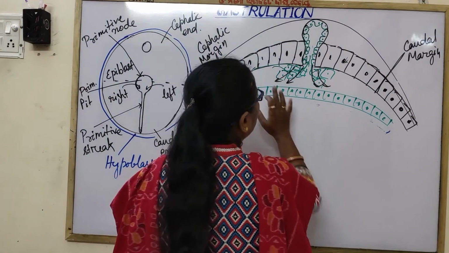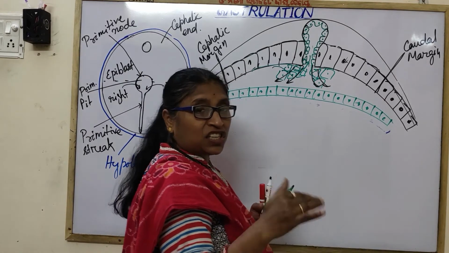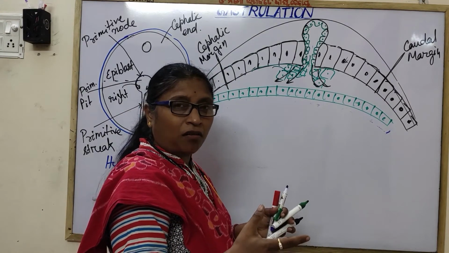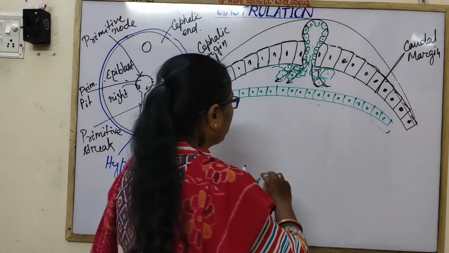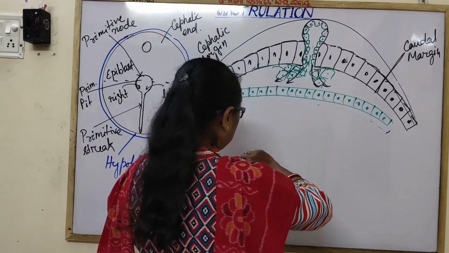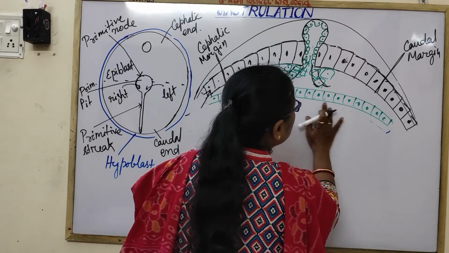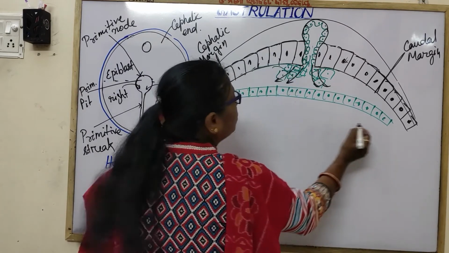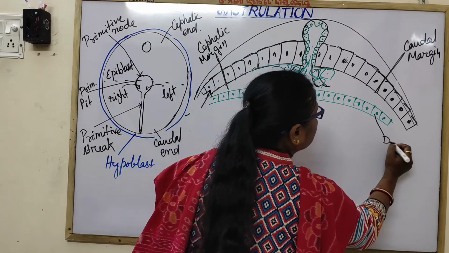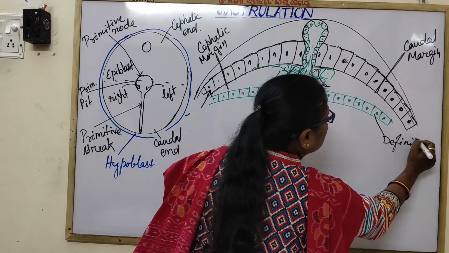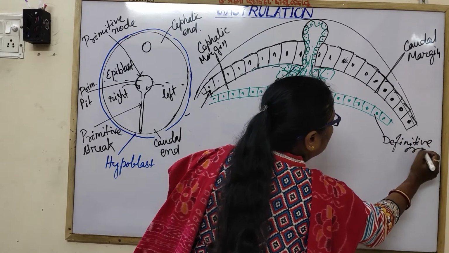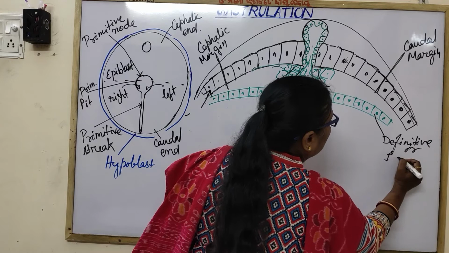So these are the different forms of movement of a cell mass or sheet of cells. Now this is the definitive, the final, primary endoderm.